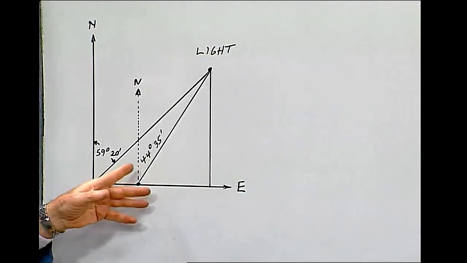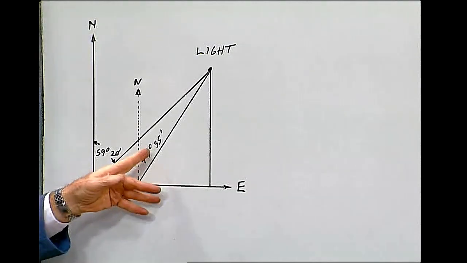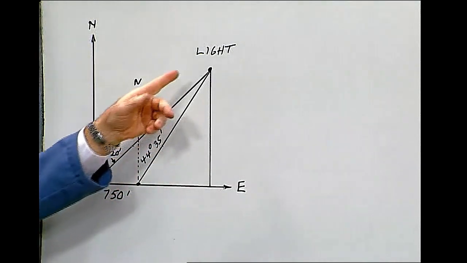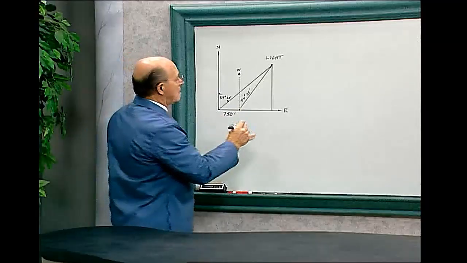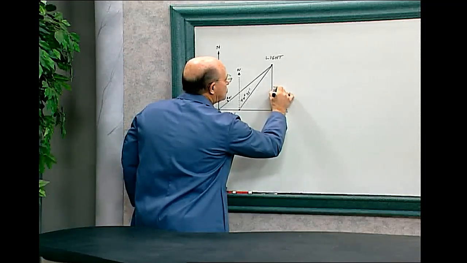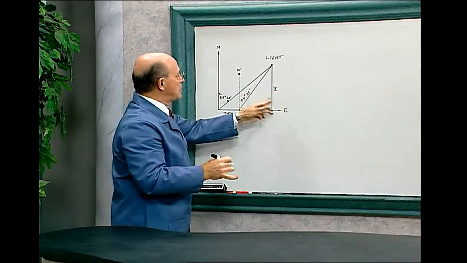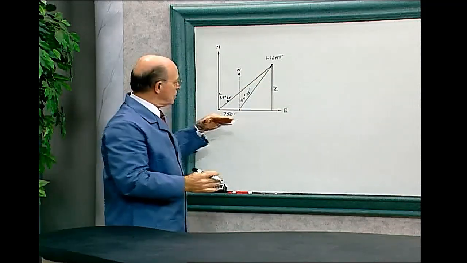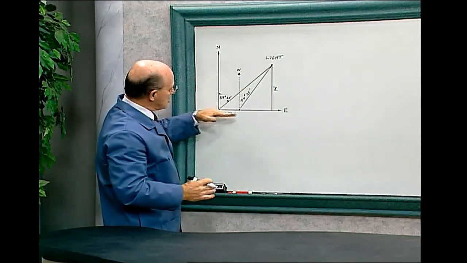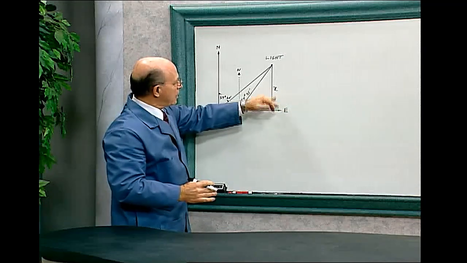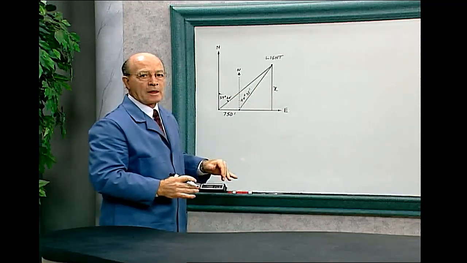And now it measures 44 degrees 35 minutes to the light. How close will the ship get to that light? What is the closest that ship, maintaining its course traveling east, will ever get to that light?